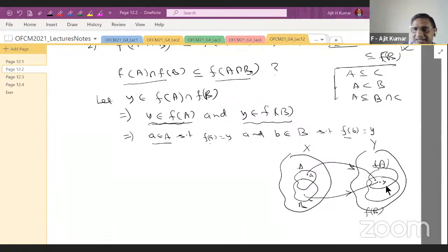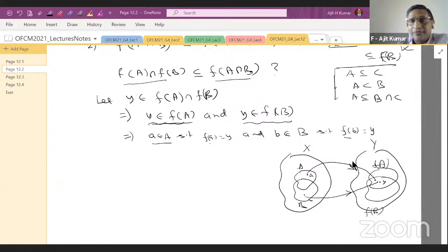Do you understand what the difficulty is? If we want to show that y also lies in f of A intersection B, it looks like we need the condition that a should be equal to b.